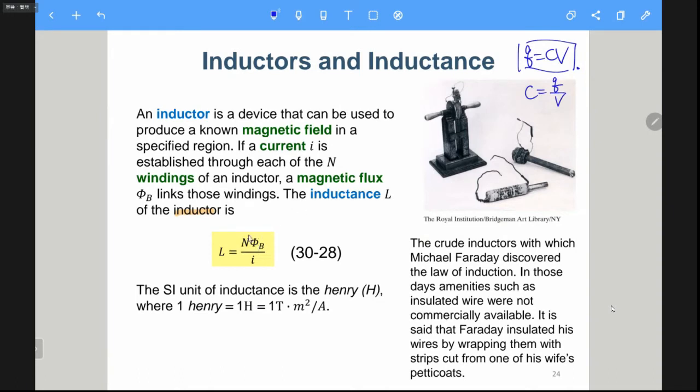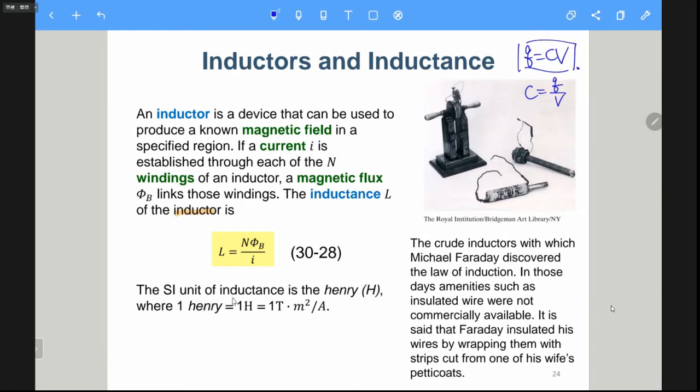Here it is the magnetic flux divided by the current. The voltage will generate the charge; here, the current will generate the magnetic field, and so the magnetic flux. So if you increase the current, then the magnetic flux will increase proportionally. So this constant is called the inductance.